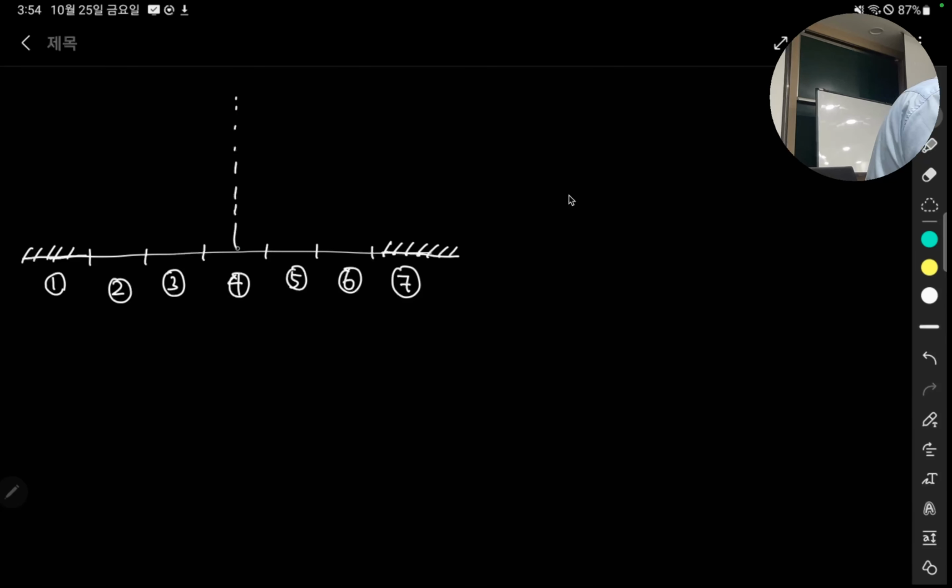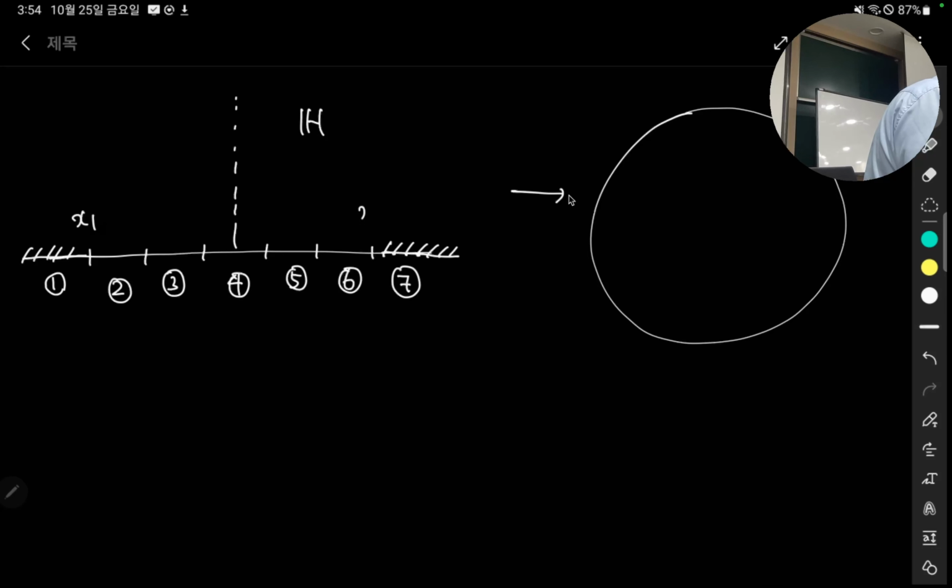Let's say there's the y-axis somewhere, and if you translate to the disk, let's say this is x1 and x6 here, and I'm assuming that x1 maps to z1 and x6 maps to z6. And there is an i, which corresponds to infinity, and these parts are mapped to here, and these parts are mapped to here.